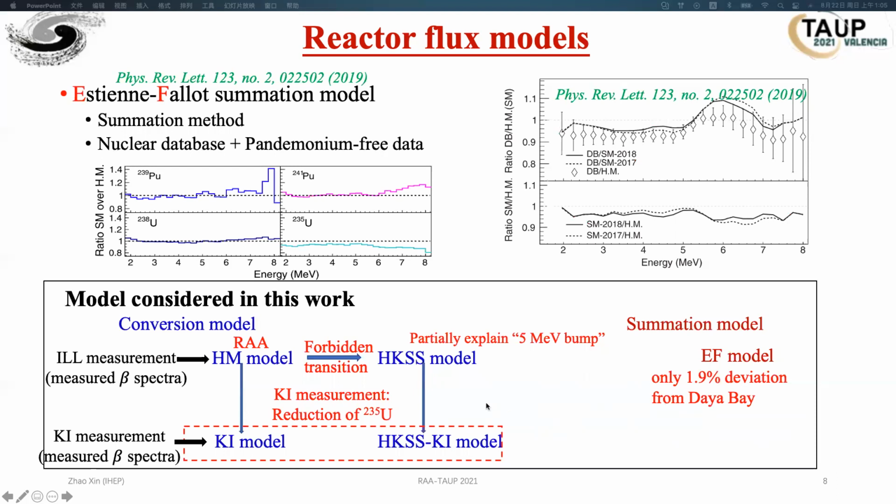For the conversion models, we consider the Huber-Mueller model as a benchmark, which is converted from the ILL measurements and exhibits the reactor antineutrino anomaly. With the consideration of the forbidden transition, the HKSS model can partially explain the 5 MeV bump. With the new KI measurement instead of the ILL measurement, the KI model and the HKSS KI model came up. While for the summation model, we only consider the EF summation model for now.